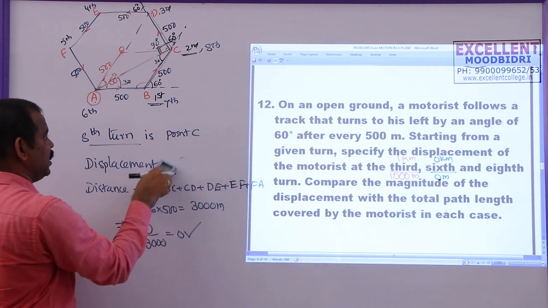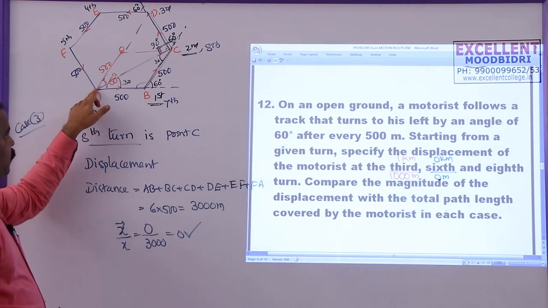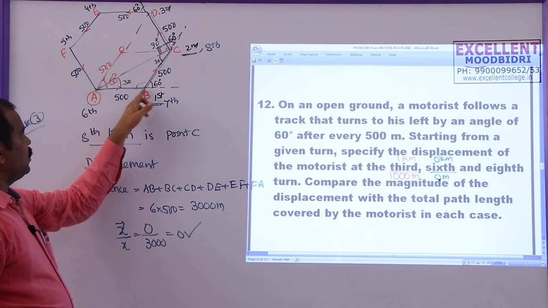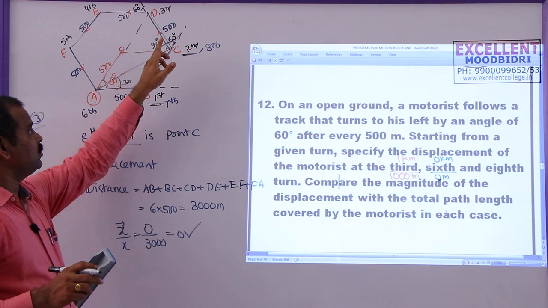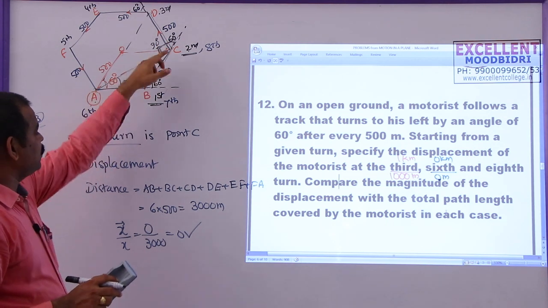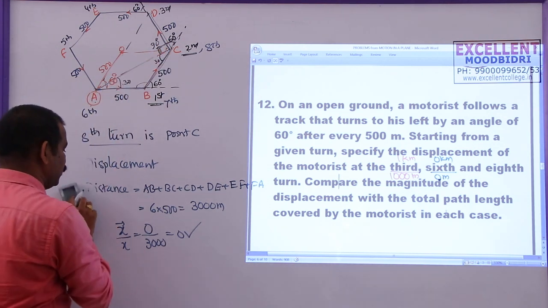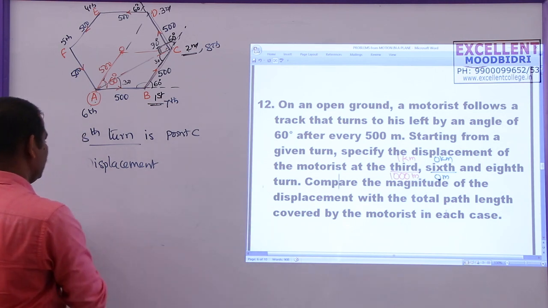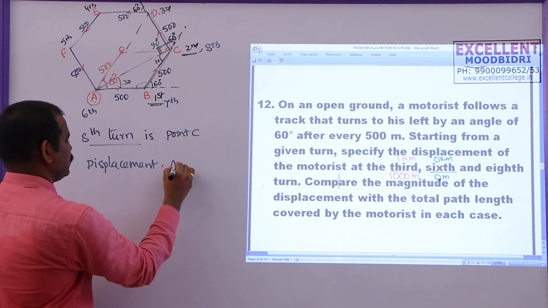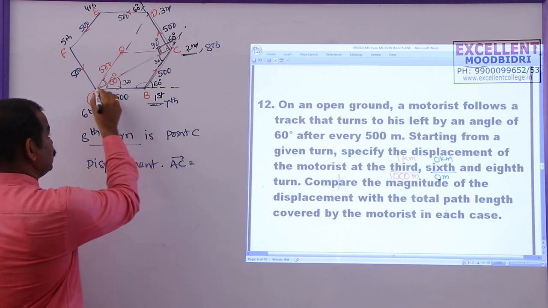This is the starting point, after one complete revolution and coming back to this point. This is only the shortest distance between the ending point and the starting point, that is nothing but AC. Already we found this AC previously, so the displacement in this case is AC bar.